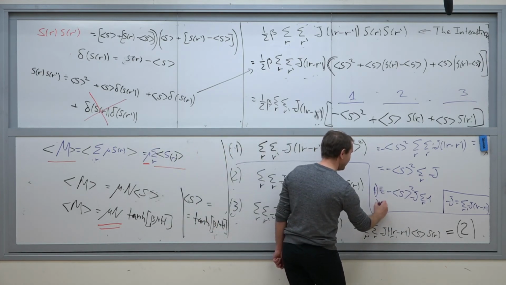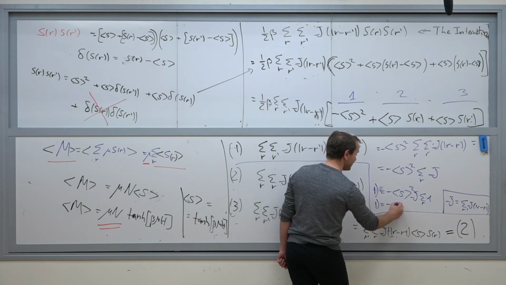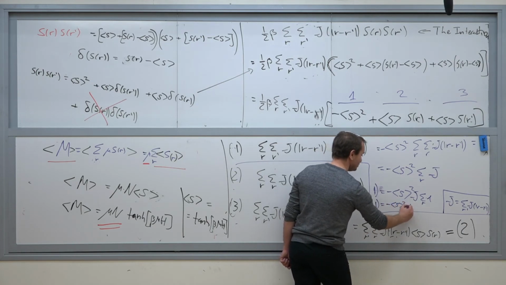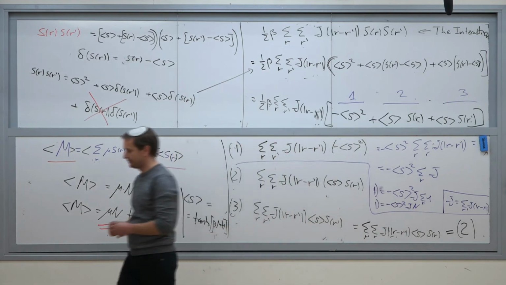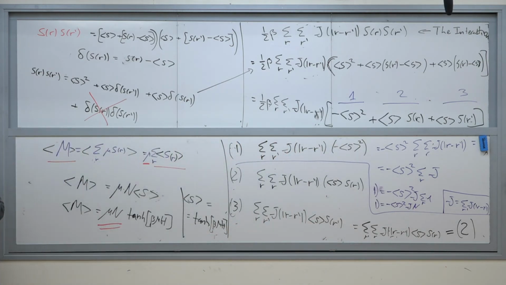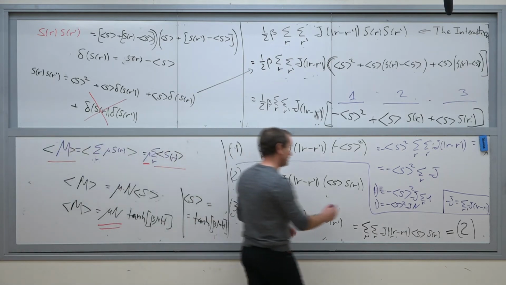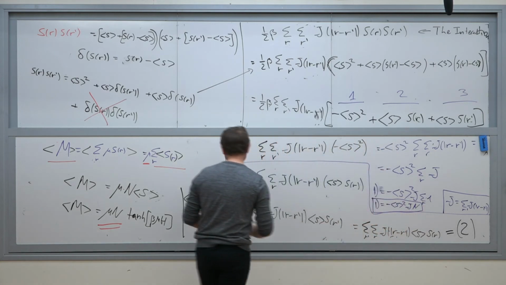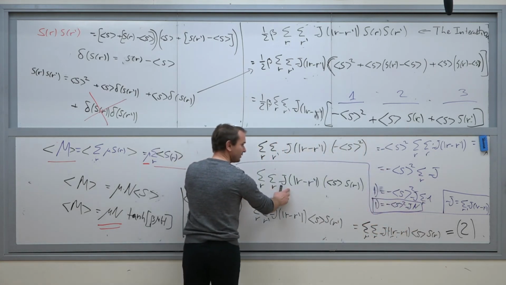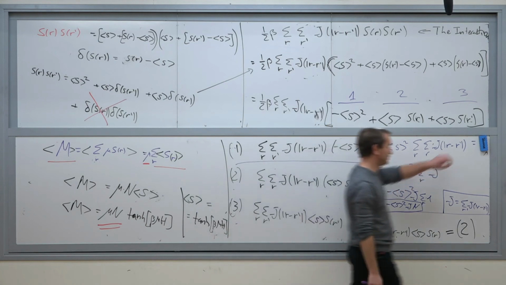So I obtained that the first sum is minus s squared j multiplied by n. Okay, so this is the first step. Now I'm only left with computing this guy over here.